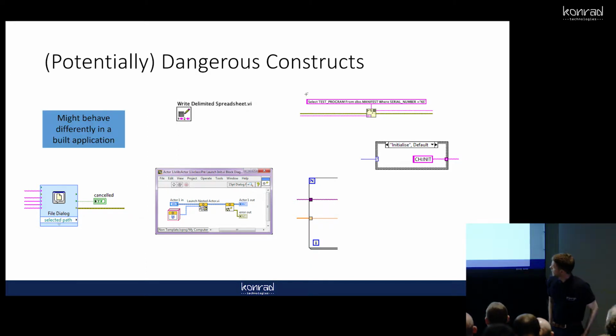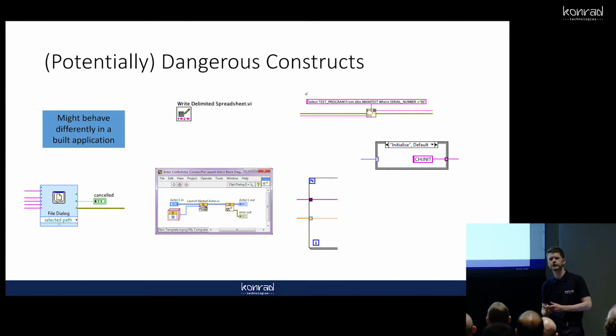The file dialog express VI. Anybody know what's wrong with that or why that might cause issues? That wasn't the one I'm thinking of, but yes. Absolutely. So the express VI is really interesting in that if the user cancels that dialog, not only does it throw an error, is it error 43?